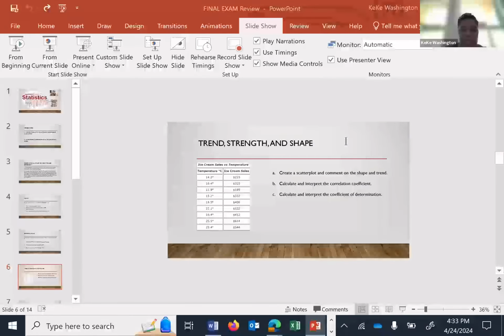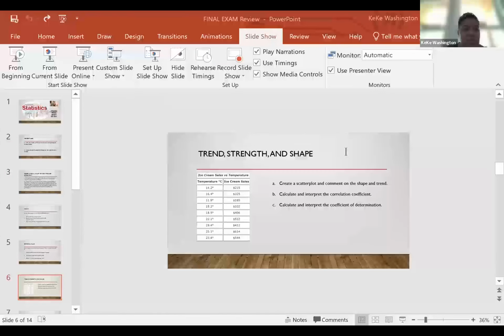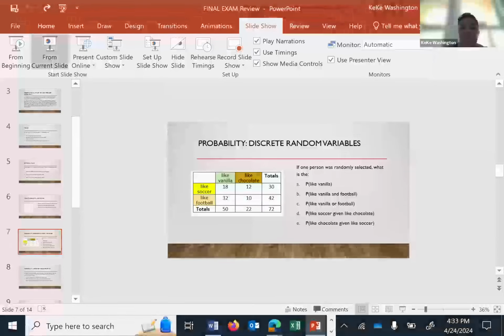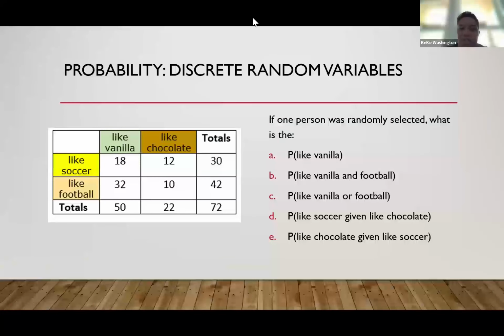All right, so that takes us through regression. So now we would like to look into probabilities. So chapter 5, this kind of covers some of the two-way tables from chapter 1 as well. I figured we'd do it all in chapter 5, right?